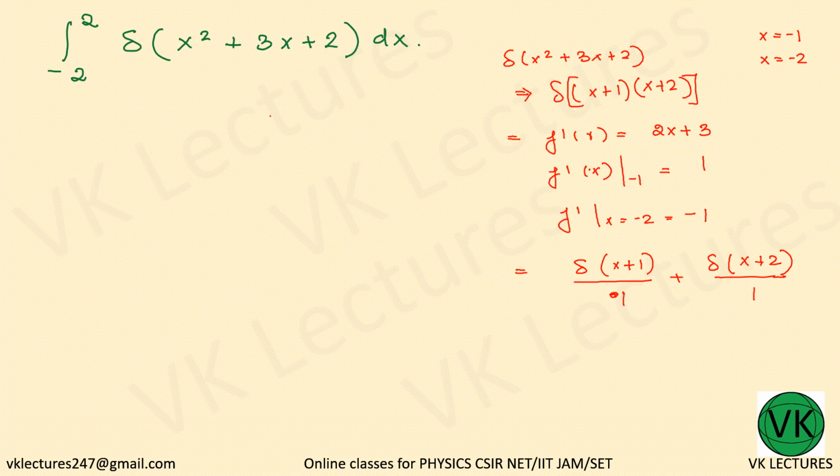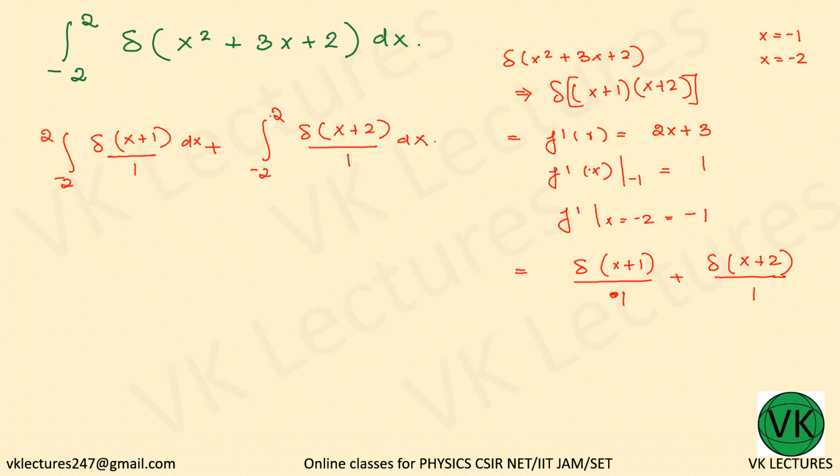So this becomes the integral from minus 2 to 2 of delta of x plus 1 by 1 dx, plus the integral from minus 2 to 2 of delta of x plus 2 by 1 dx.